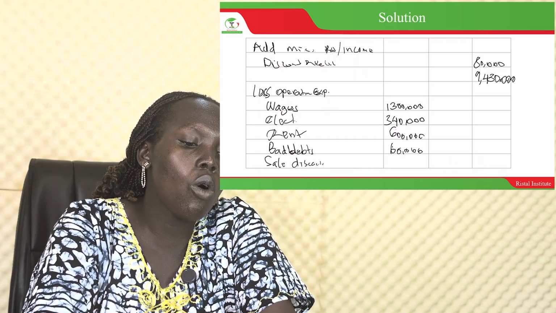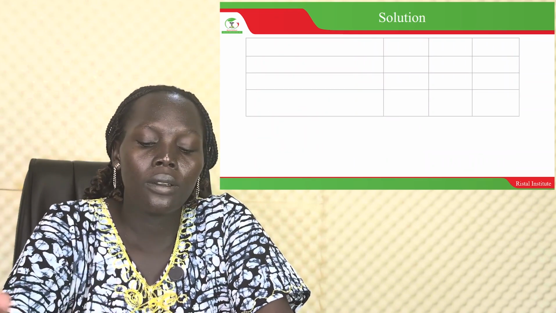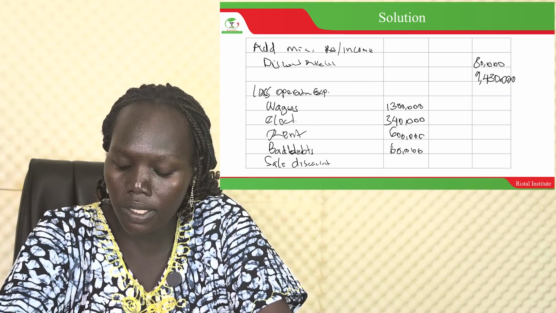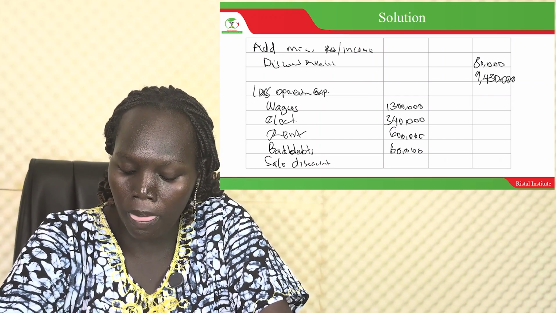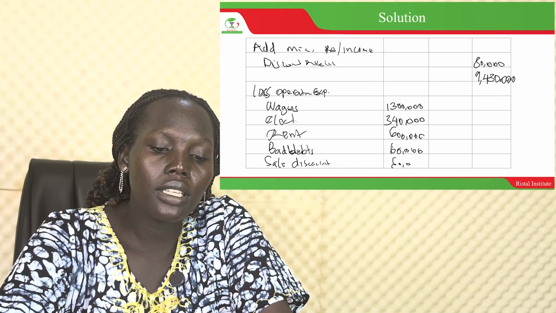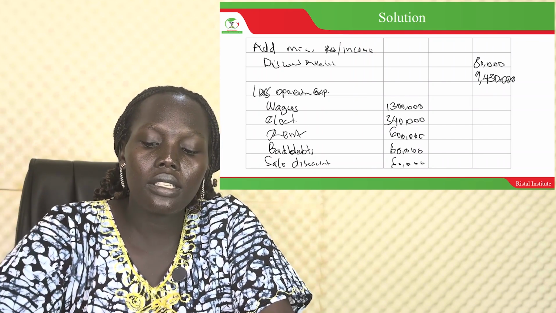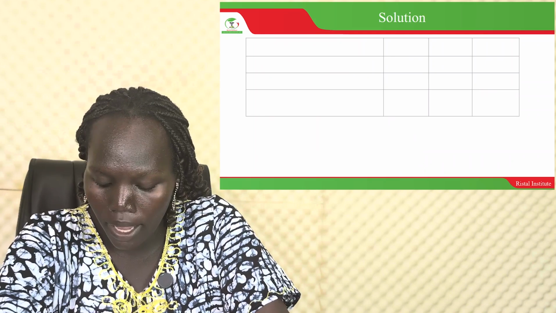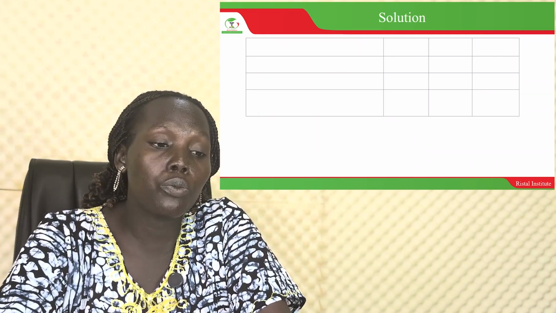It is also called discount allowed, which is 60,000. And then we have also what we call depreciation.